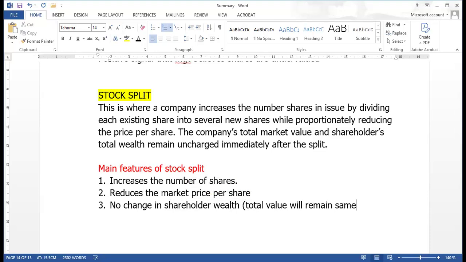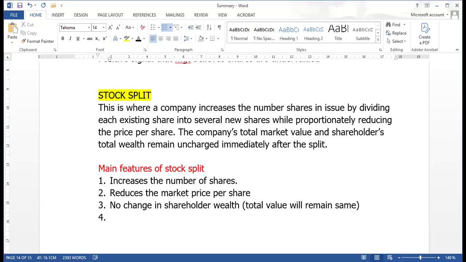It will remain the same. The number of shares have increased, but the share price has reduced. So because of that, the price remains the same.